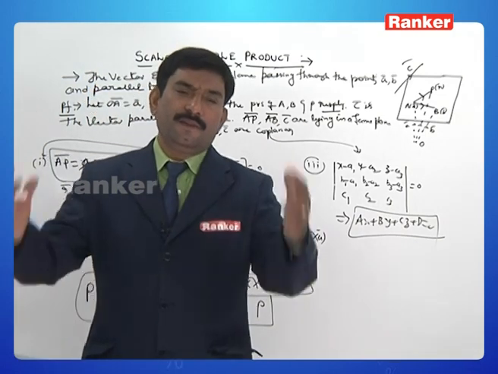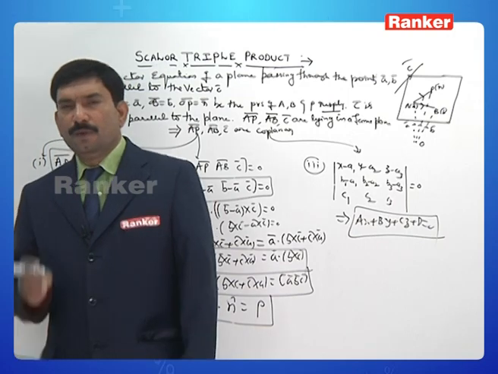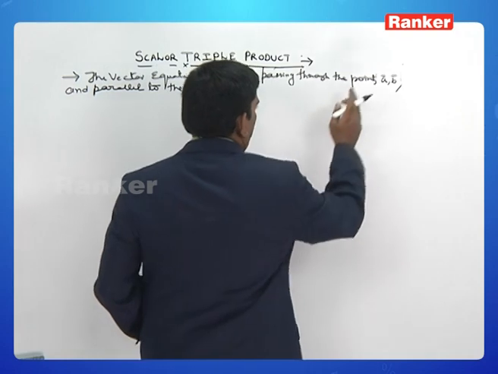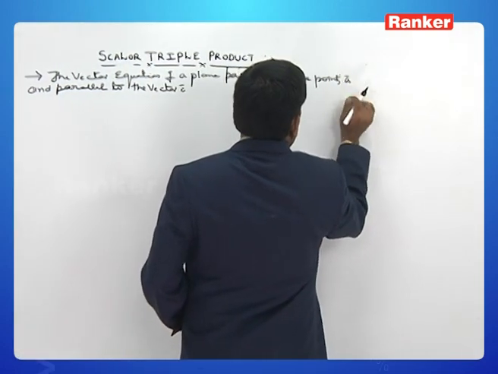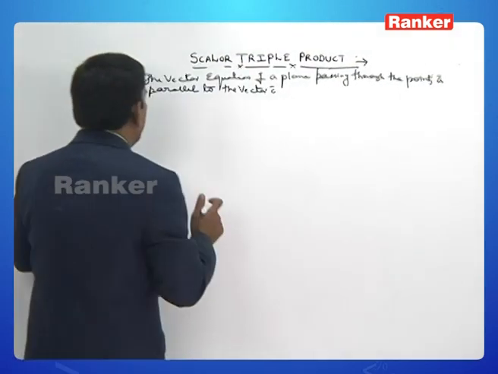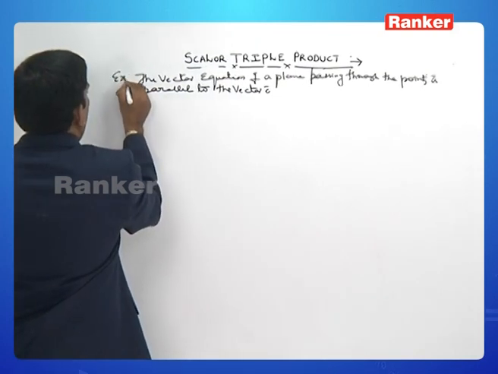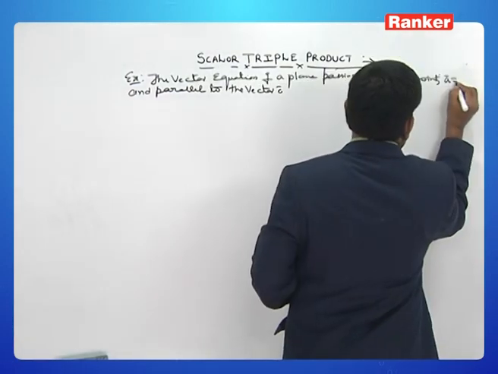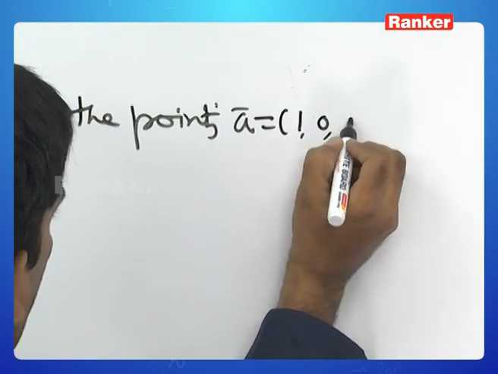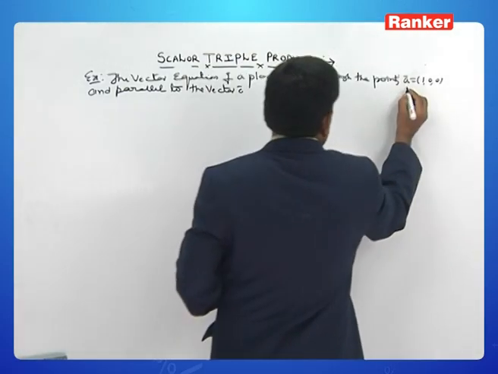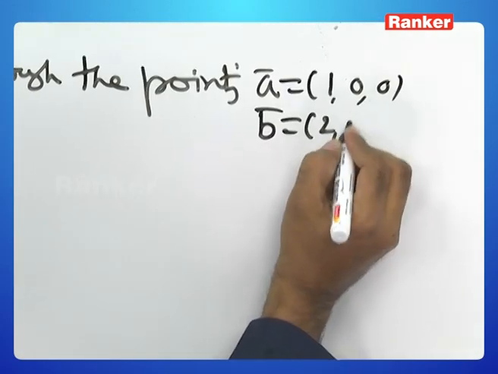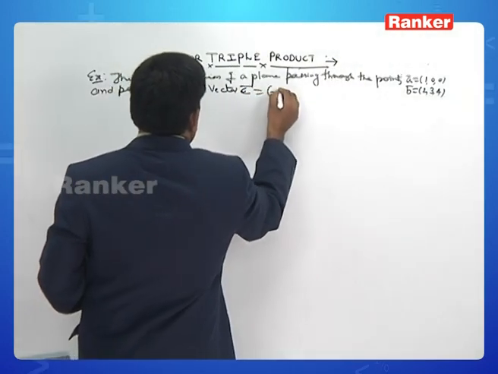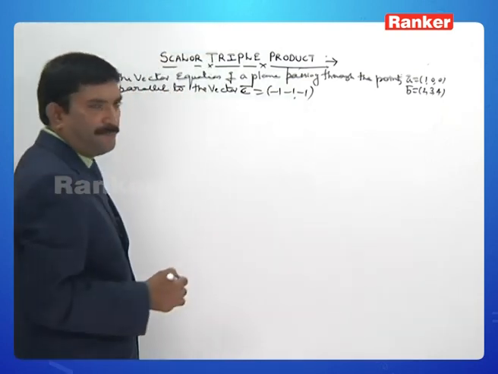Yes, so let us recall this concept by giving one example. Example: the vector equation of the plane passing through the points A bar is equal to (1, 0, 0) and B bar is equal to (2, 3, 4), and parallel to the vector C bar is equal to (minus 1, minus 1, minus 1).